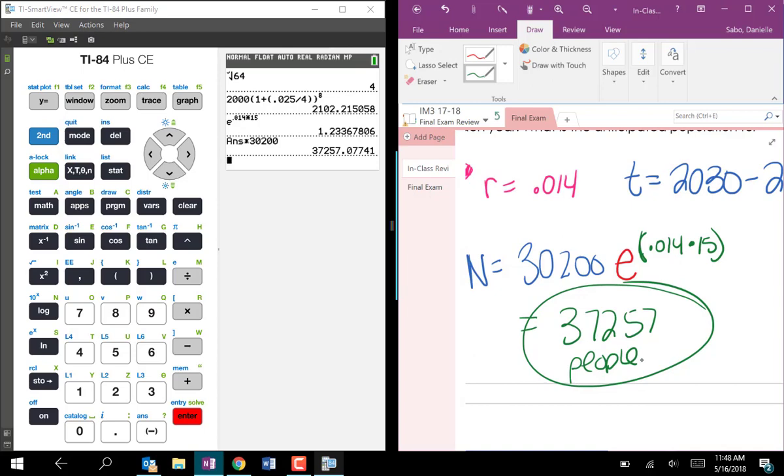Your E button is right here. You might not have the same calculator for the finals. First come, first serve. So you need to learn these as well. I'm not going to show it to you. You got to find it. I promise you it's always going to be there. You just have to look for it. I have to press second, the blue button in this situation, and LN, and then 0.014 times 15. Close up the parenthesis, and you get the same thing as me.